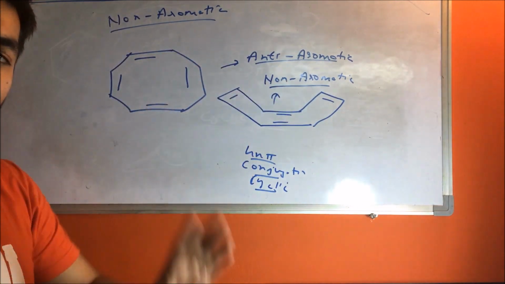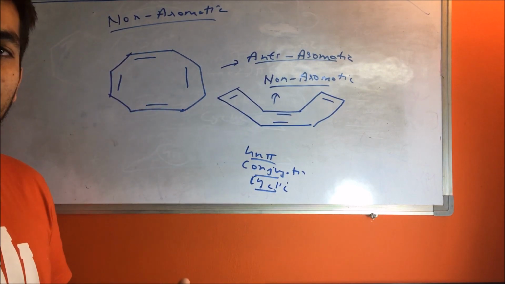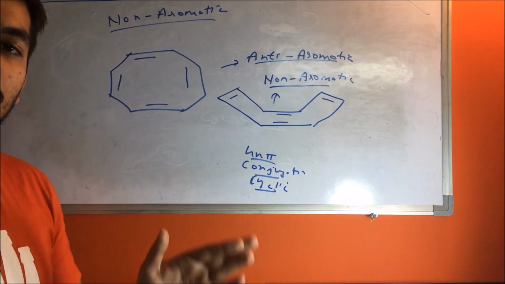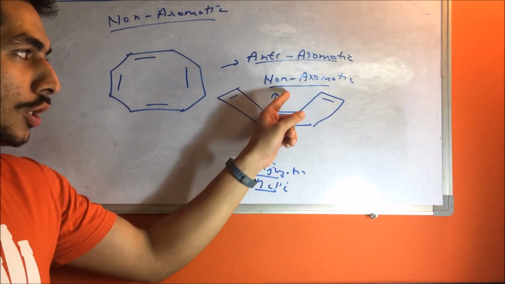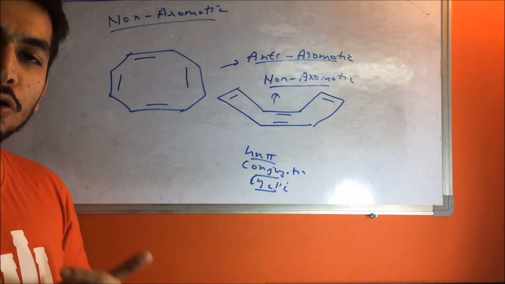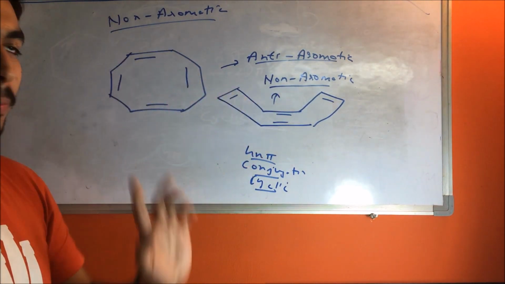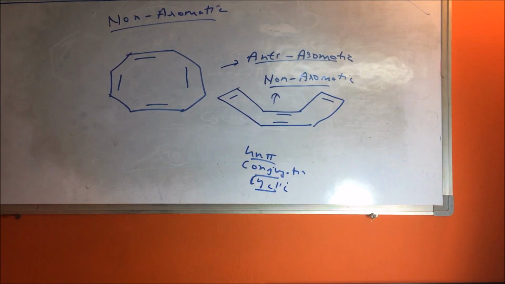A non-aromatic compound could follow the 4n pi rule and could also follow the 4n plus 2 pi Huckel rule. So there is no restriction on the number of pi electrons for non-aromatic compounds. The only thing is there should be either a loss of conjugation or non-planarity for the compound to become non-aromatic. Right?